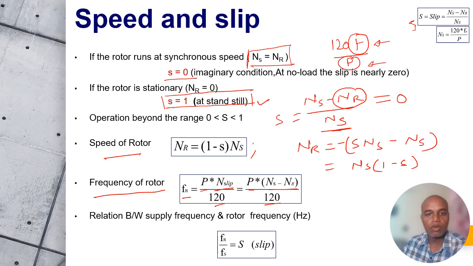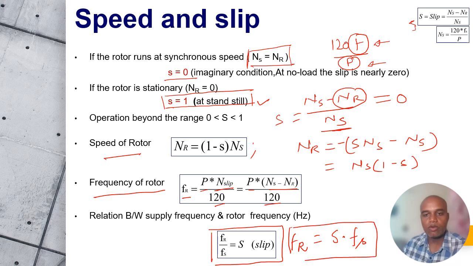This is my rotor frequency, and the relation between supply frequency and rotor frequency is fr equals s times fs. So the rotor frequency is nothing but the slip times the supply frequency, and directly I can find the frequency of my rotor.